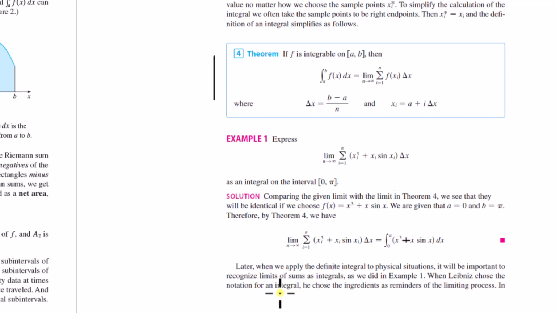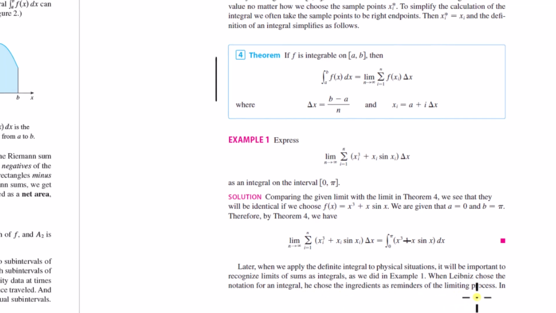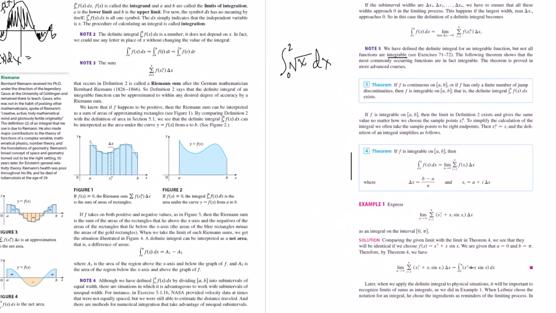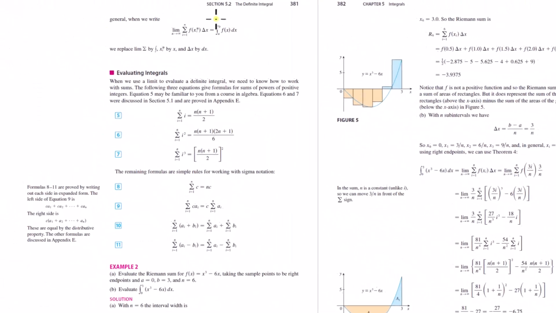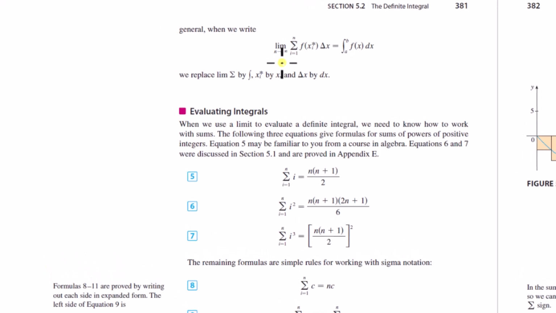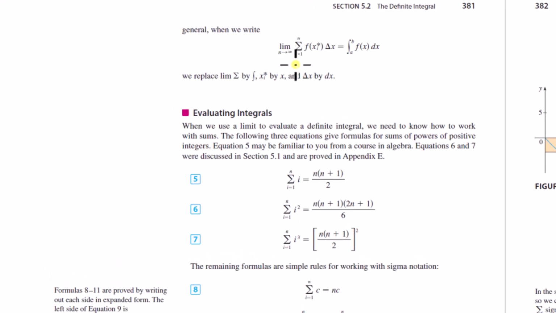When Leibniz chose the notation for an integral, he chose the ingredients as reminders of the limiting process. In general, when we write the limit as n approaches infinity of the sum from i is equal to 1 to n of f, the function evaluated at any point, delta x, is equal to this.